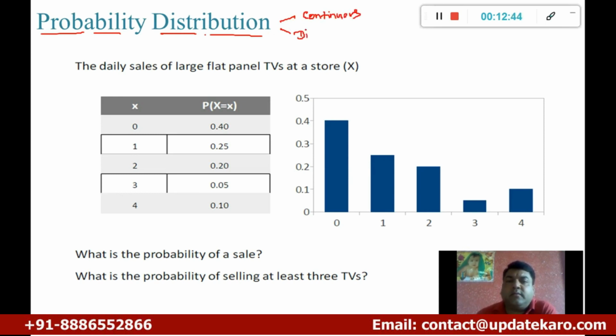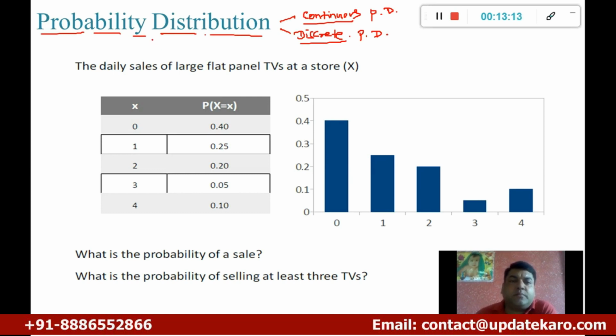Of course, within discrete there are three subcategories, but these are the broader categories. And that is why, whenever we are discussing probability distribution, there are two types: one is continuous probability distribution and one is discrete probability distribution.